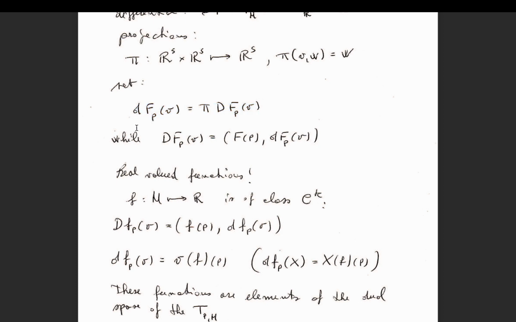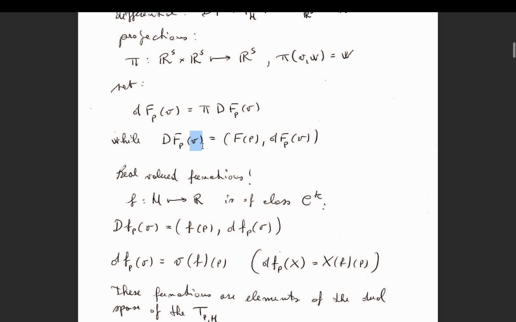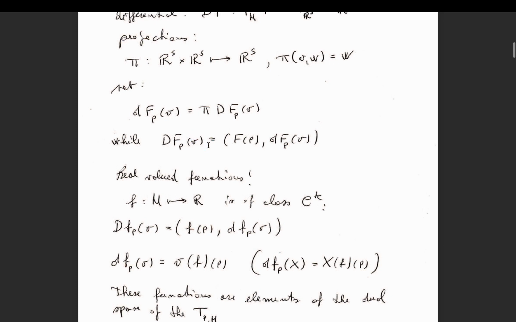And the differential d of f at the point p computed on the vector v belonging to T_pM is basically equal to the couple f(p) and small differential of f at the point p computed on v.